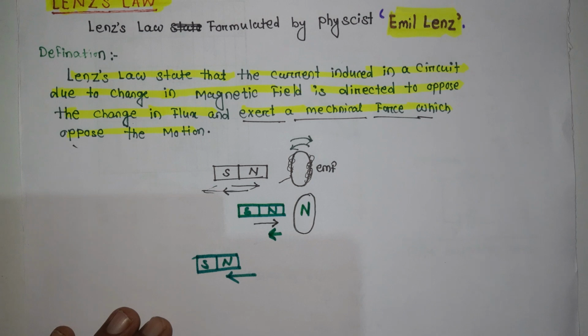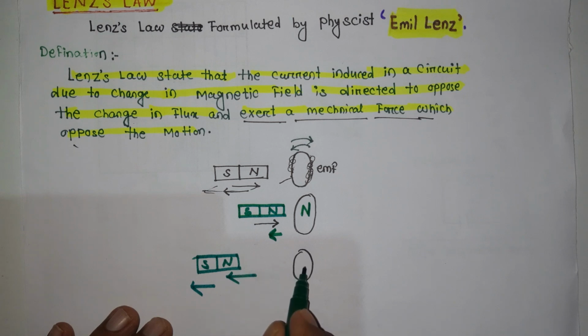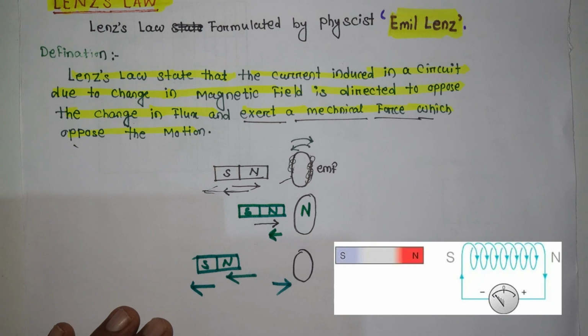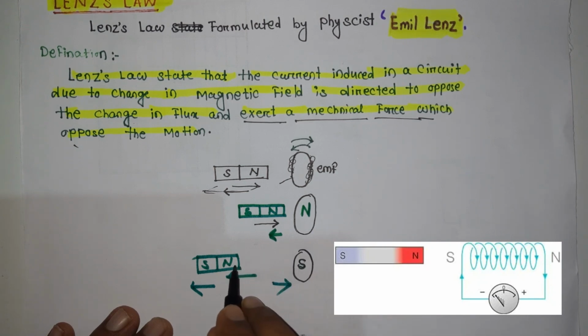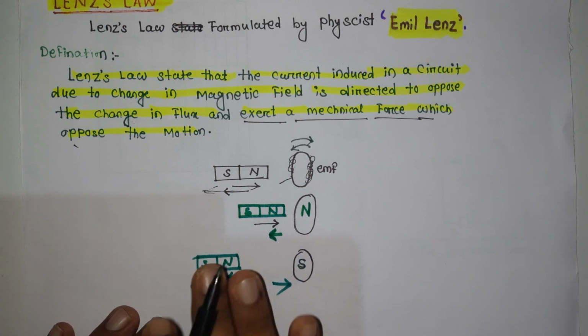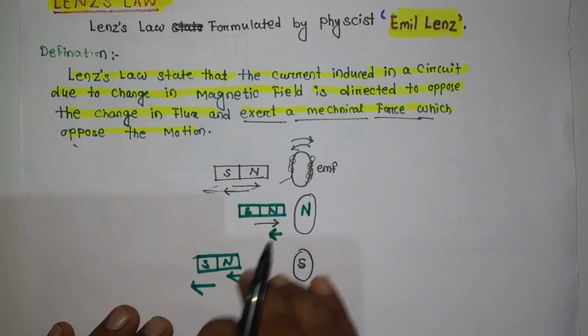Then it will oppose that motion, which means it will attract, so the coil creates a south pole so that the attraction can stop the motion of this magnet.